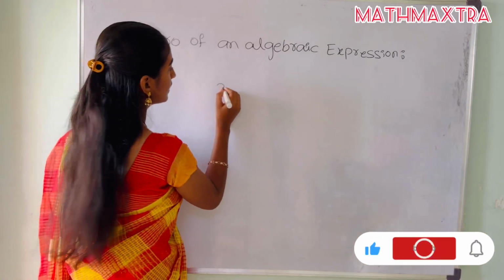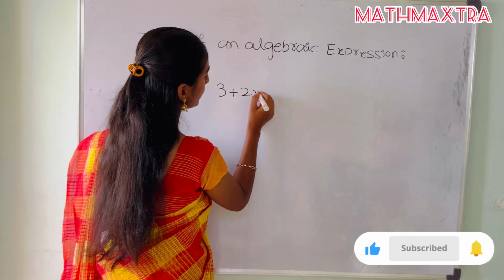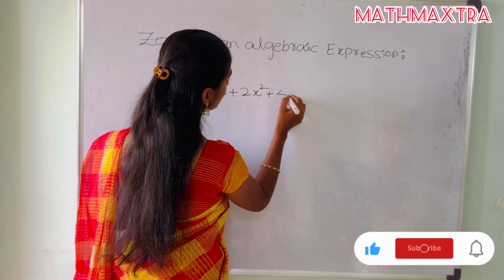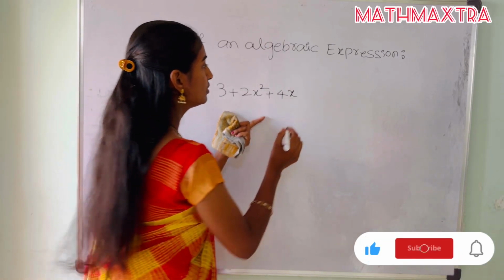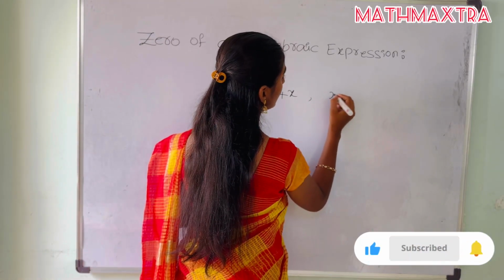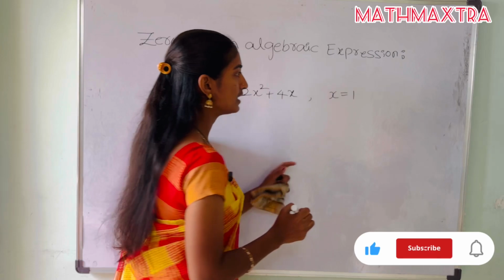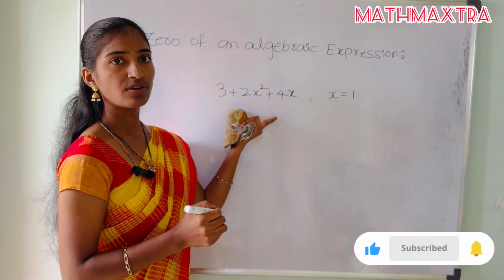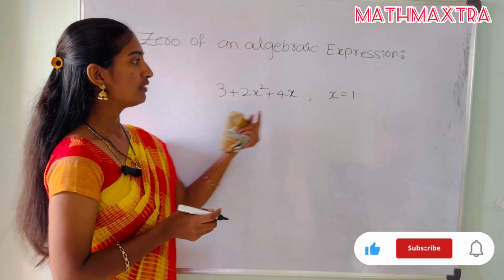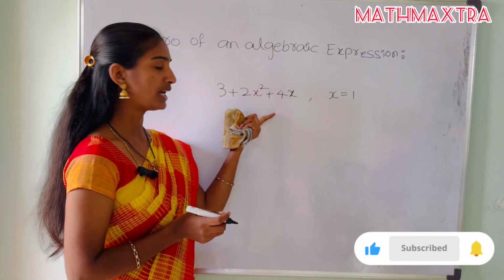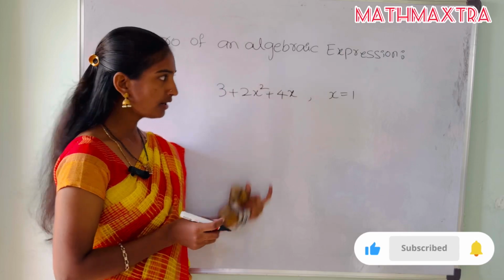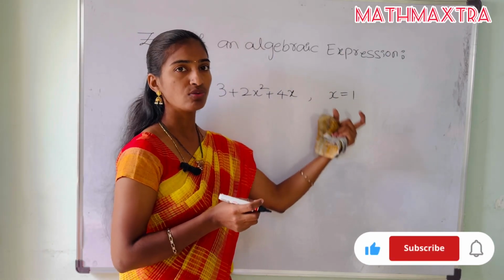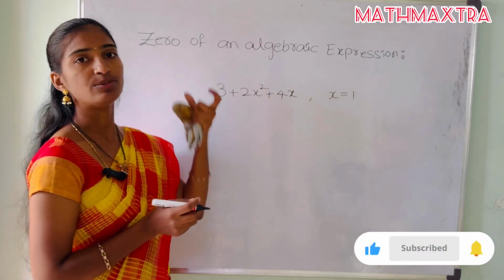See, 3 plus 2x square plus 4x. This is our algebraic expression. We have to check whether x is equal to 1 is a zero of this expression or not. If you substitute this value and the expression value becomes 0, then we call x is equal to 1 a zero of this algebraic expression.